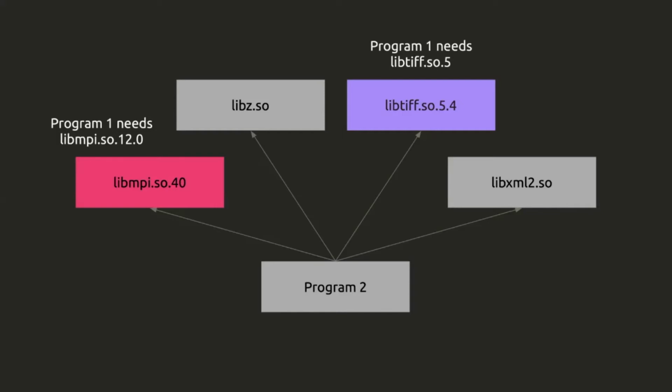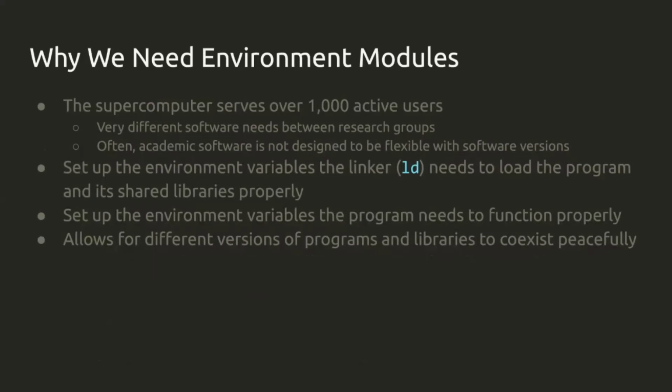Just to reiterate, the supercomputer serves over 1,000 different users that are all active right now. Each of those users is part of a research group that's going to be doing completely different computational workflows and using completely different software.